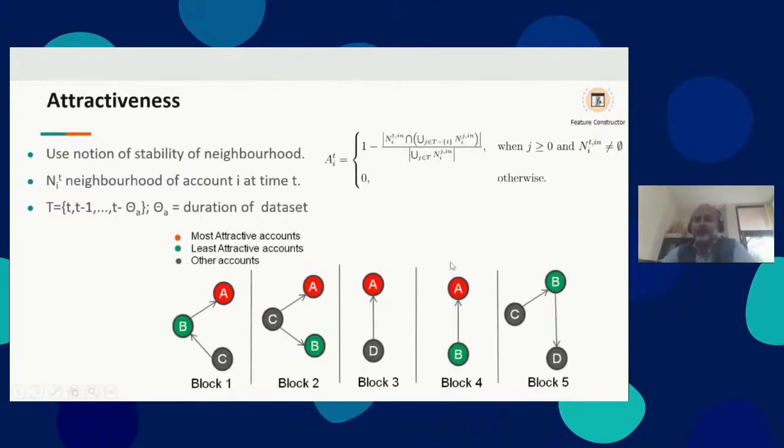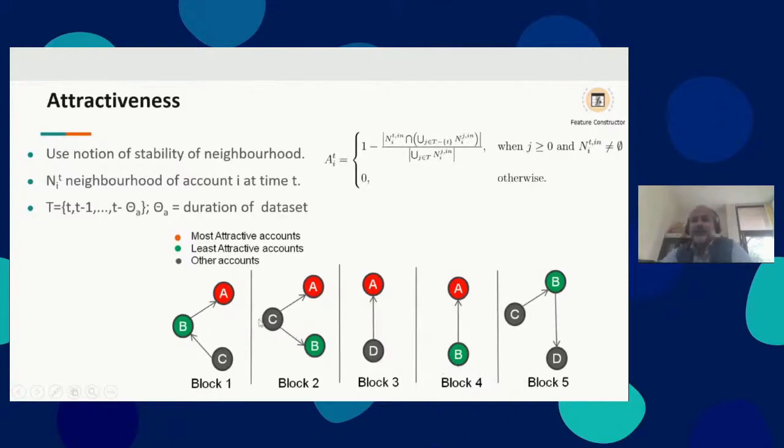So this is an example of such a thing. If you look here, A is being interacted with a lot, and they are more or less always interacting with either B or C or D, etc. Right?